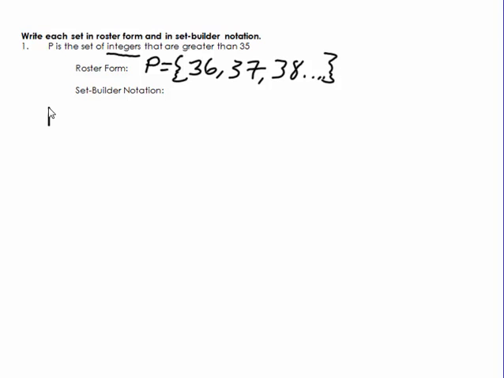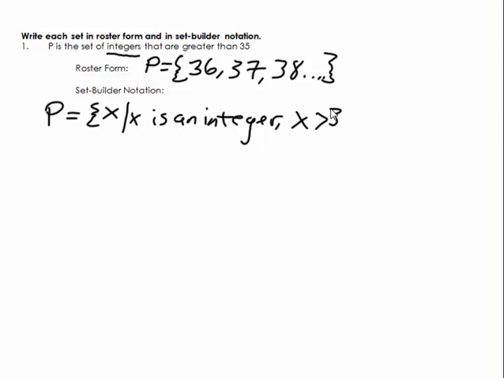And then in set builder notation, I would say P is the set. P equals the set of x values such that x is an integer where x is greater than 38. So here in set builder notation, P is the set, so P equals this, but then we have to define the variable for the elements within the set.